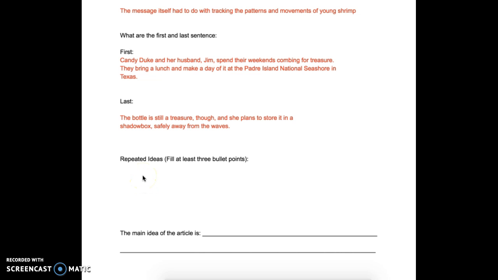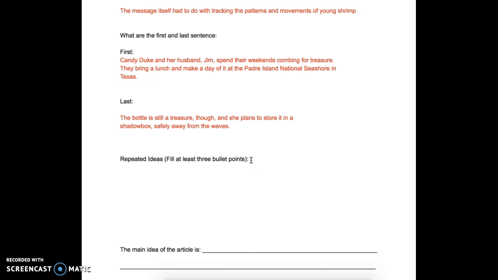Repeated ideas. I think one of the things that came up a lot had to do with tracking the patterns of the shrimp.